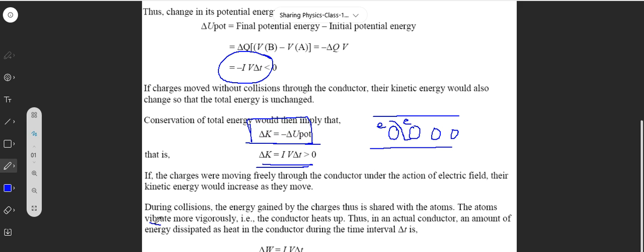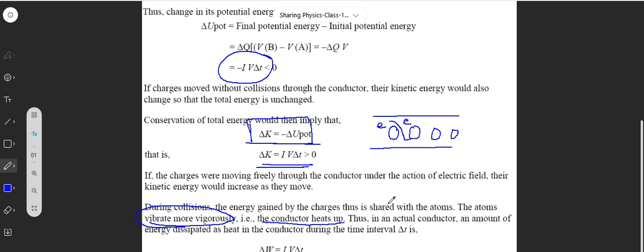Because of this, the atoms start to vibrate vigorously. This is the reason why a good conductor heats up easily when a current flows through it. Thus, in an actual conductor, energy is dissipated as heat in the conductor.